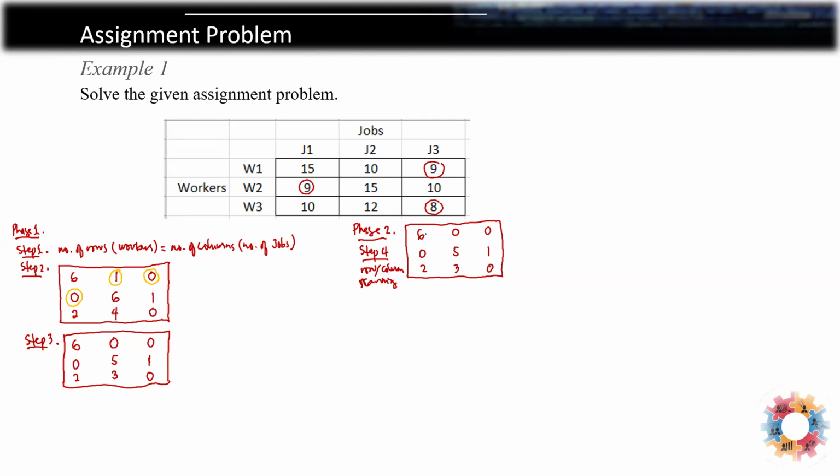So if you have 2 zeros there, you cannot mark a line either vertically or horizontally. The idea is that row scanning and column scanning is done this way. If you start from the first row, check if there is only 1 zero in that row. If there are 2 zeros, then just skip that. Then you proceed to row 2. Now there is 1 zero in row 2, so you mark that with a square.